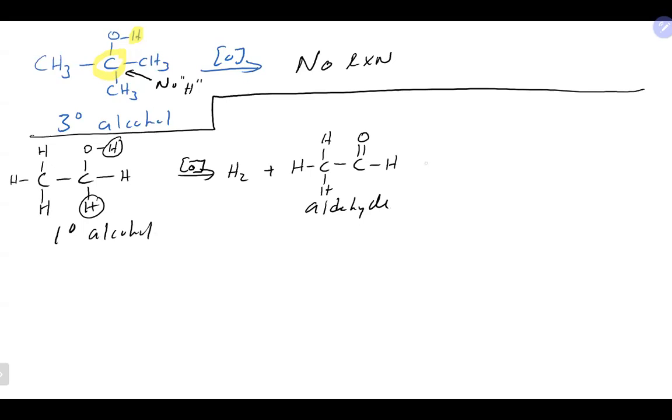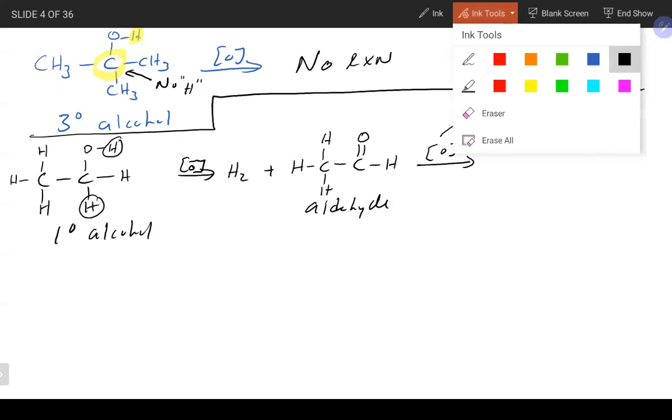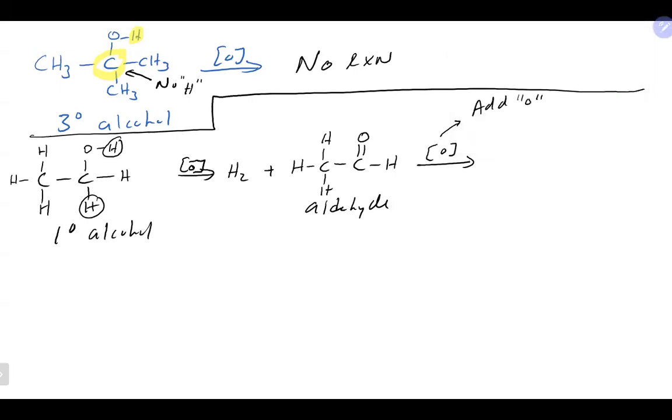If we actually oxidize the aldehyde one more time, we will go through oxidation, but it's a different sort of result. The result is we're going to add oxygen in this case. So not H2, take it out. We're actually going to add oxygen. And where the oxygen will go, it will always end up in the same spot. And that spot is pretty much right there.